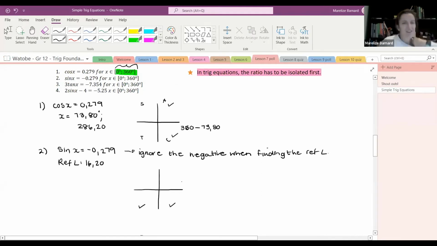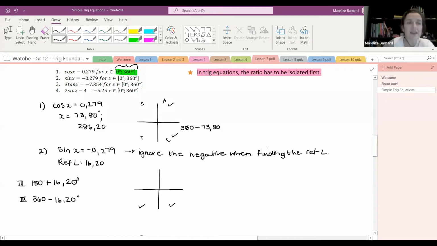So to find our answers, in the third quadrant, it's 180 plus the reference angle. And for the fourth quadrant, 360 minus the reference angle.